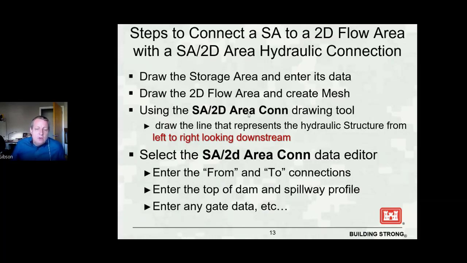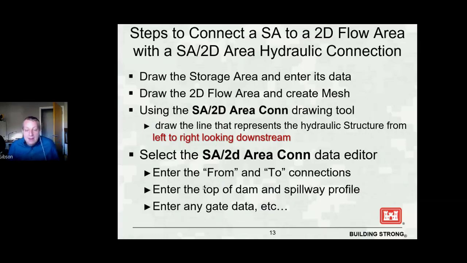And then you use the storage area connection and you draw a structure looking left to right downstream. I know we say this all the time, but if you don't do this in this particular application, it's going to cause you trouble. I can tell you that because in one of my tries, I did it wrong and it plagued me. I ended up starting over.